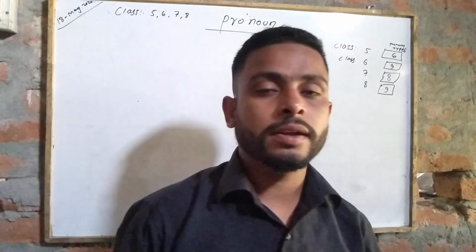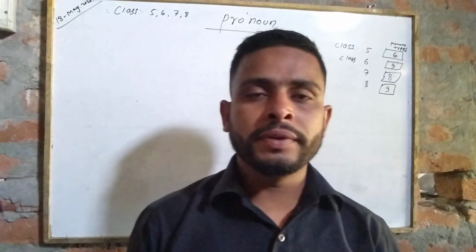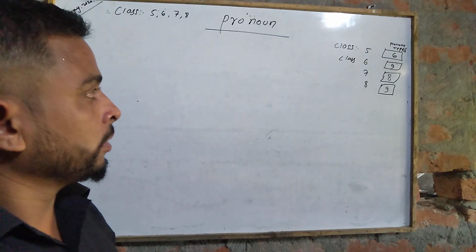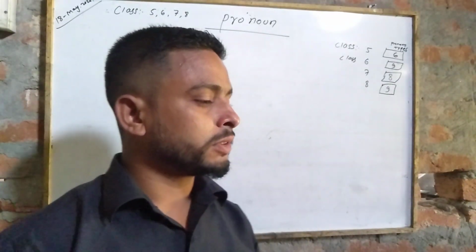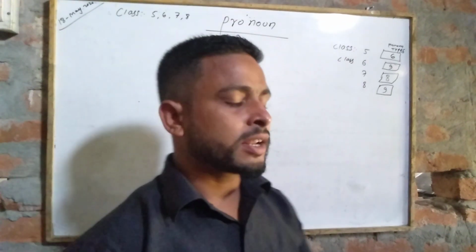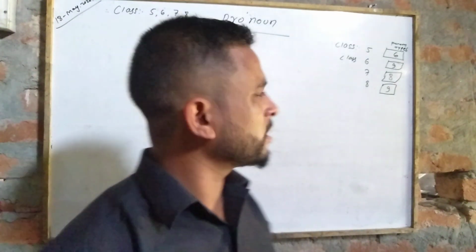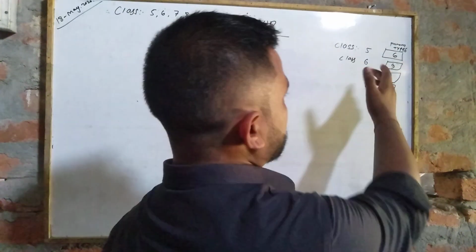Hello everyone. Today we are here with our new video on pronouns. This topic is in every class, like class 5, 6, and 7, but there is a little difference: in class 5 there are 6 types of pronoun, and in class 6 there are 9 types.